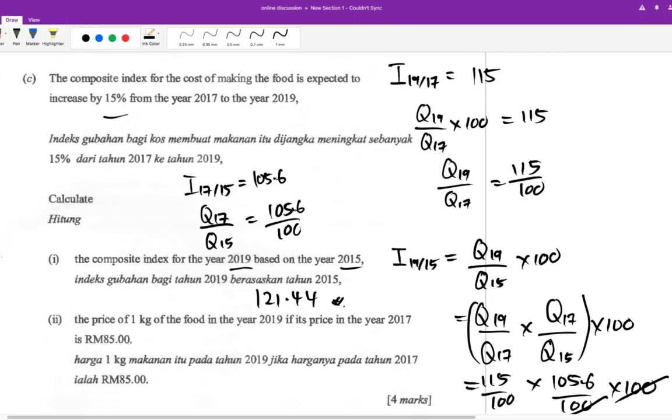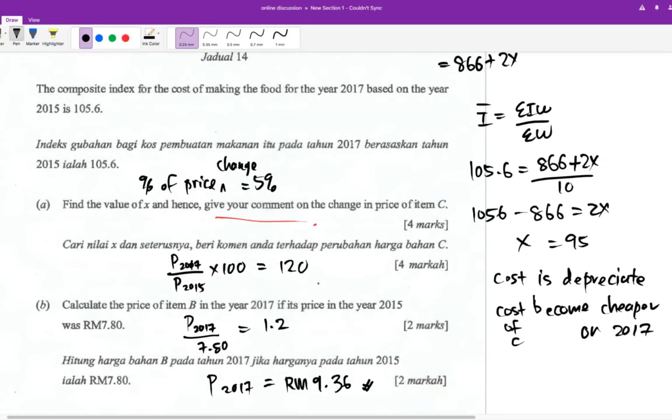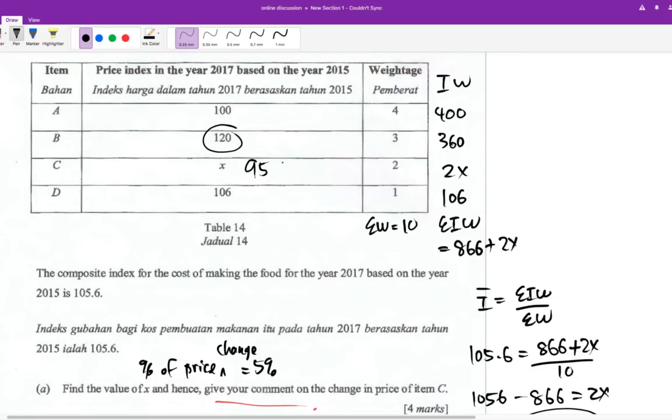So how do we know the percentage of price change, where does the 5% come from? Sorry, I didn't explain much just now. If you get an index number of 95, what does 95 mean?